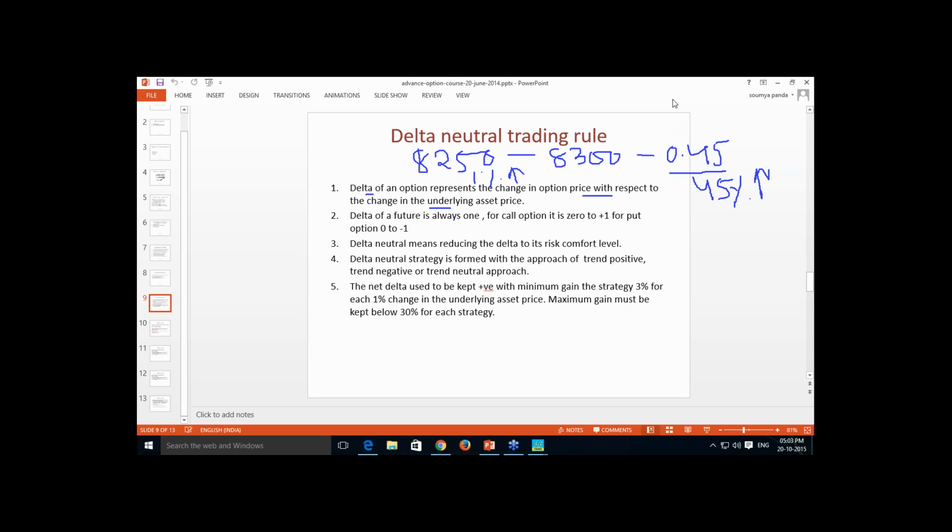The percentage of movement given by delta is the same on the way down. Whenever the price of this instrument is falling, delta also impacts in the downside direction in the same way.